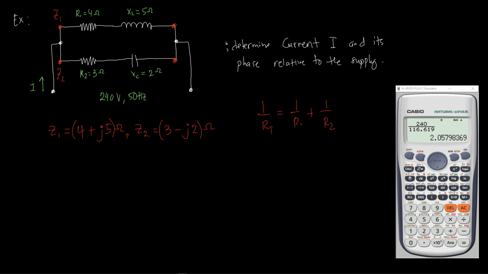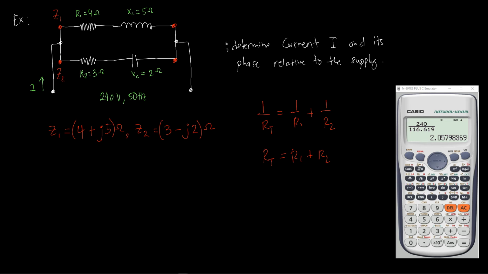In series, RT is just R1 plus R2, we just add. But in parallel, we add the inverses.